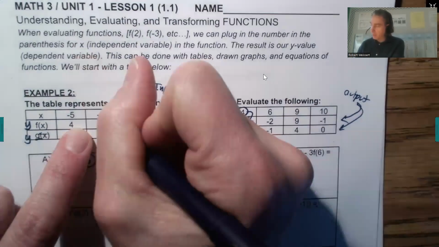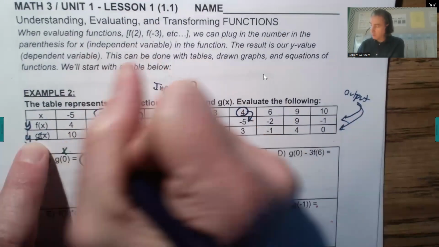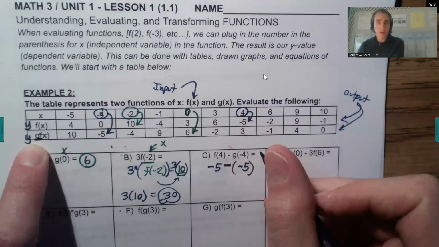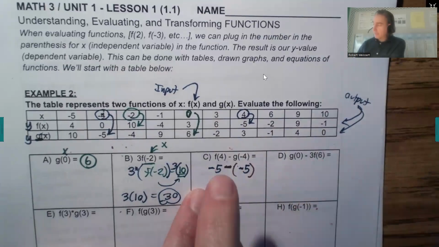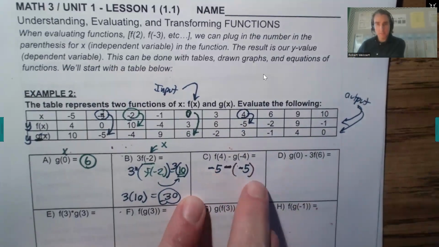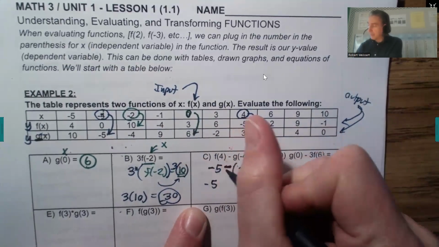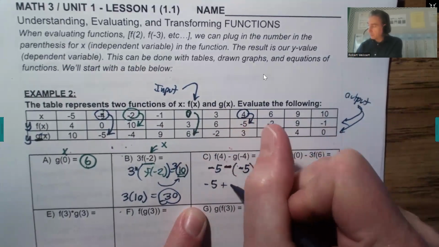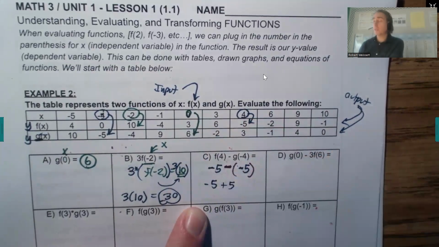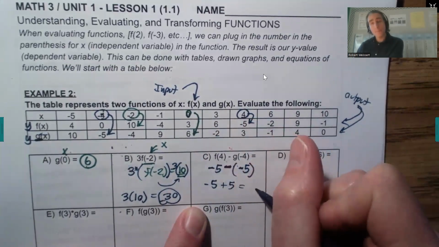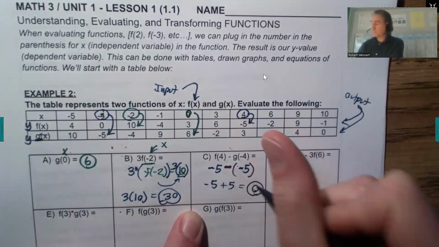So once again, g of -4 is -5. So what that looks like is -5 minus -5. -5 minus a negative is plus a positive. So -5 plus 5, and that gives us what? 0.